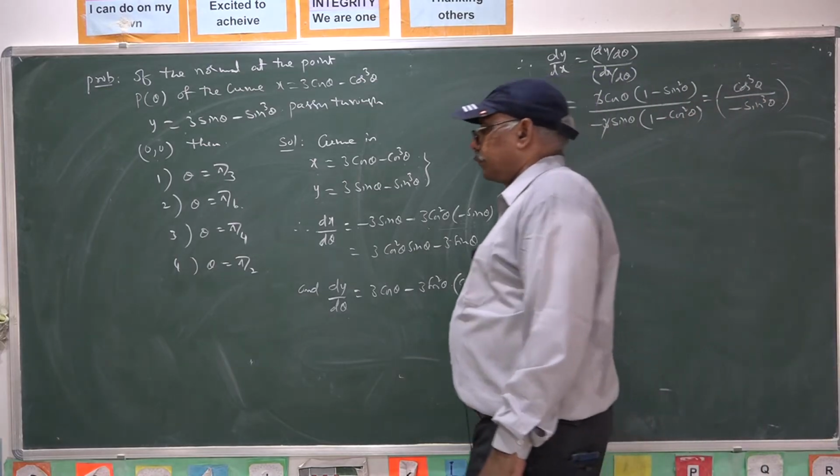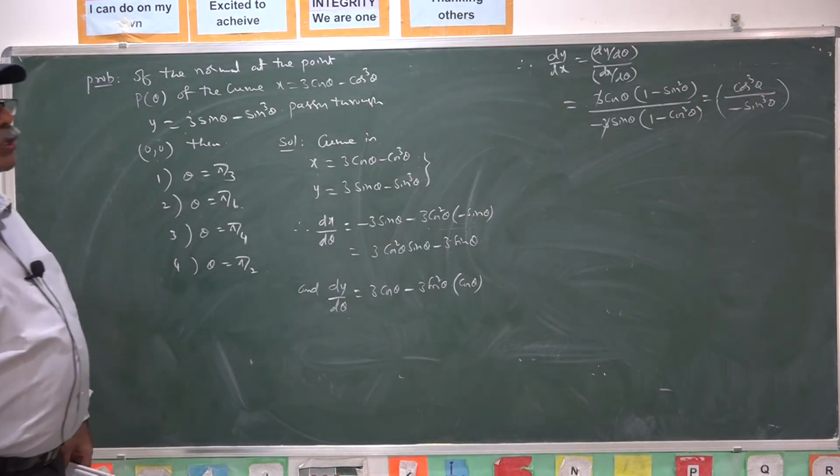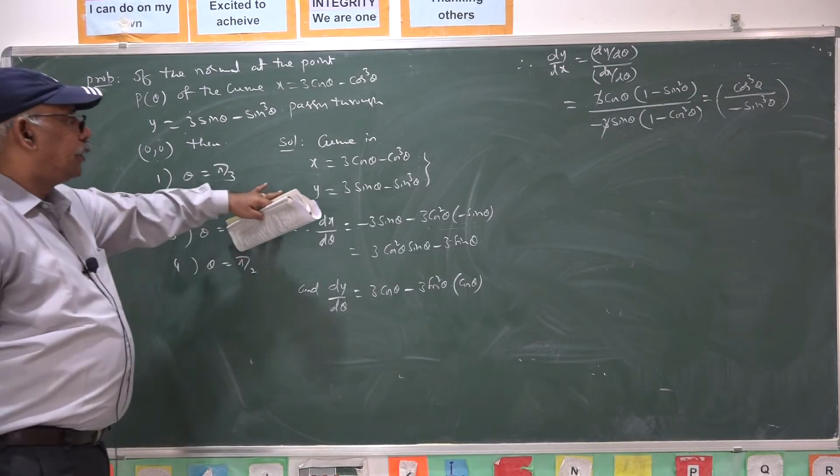This is the slope of the tangent, minus cos cube theta by sin cube theta.